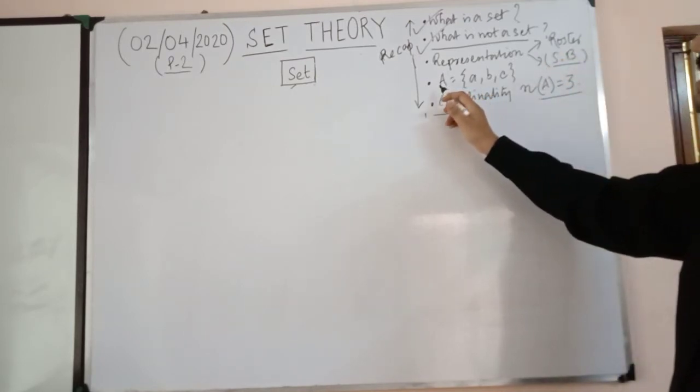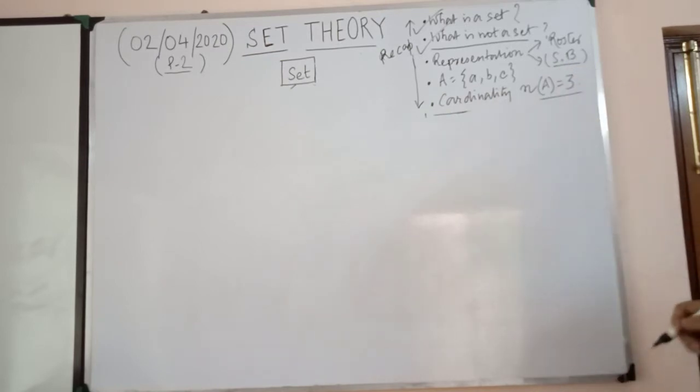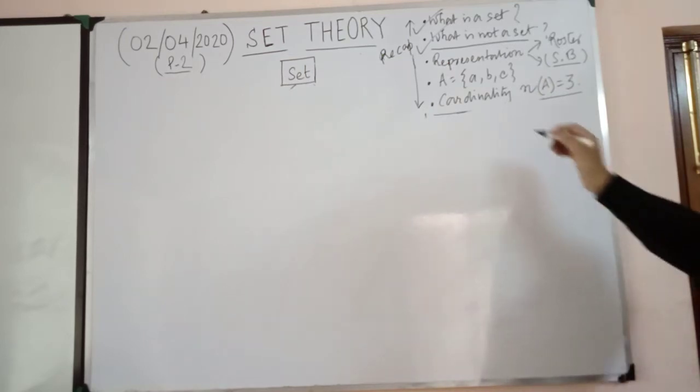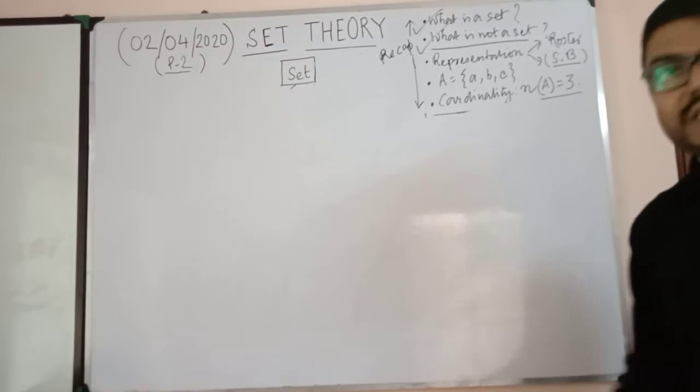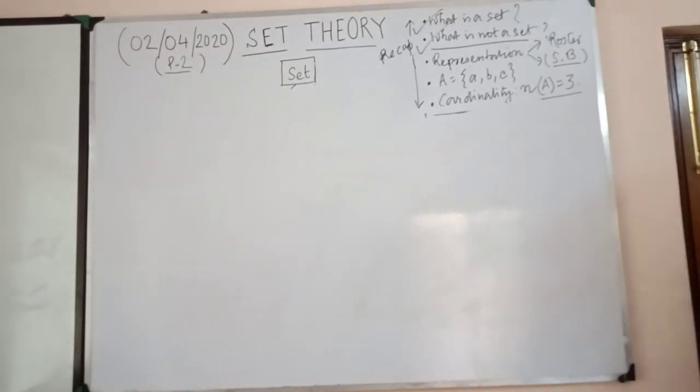We tried to write sets like this. We learned what is the cardinality or cardinal number of a set. N of A means how many members are there, that we learned.